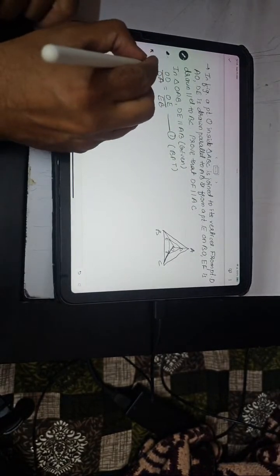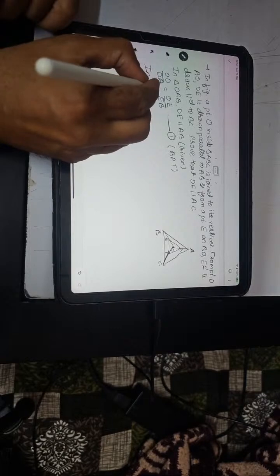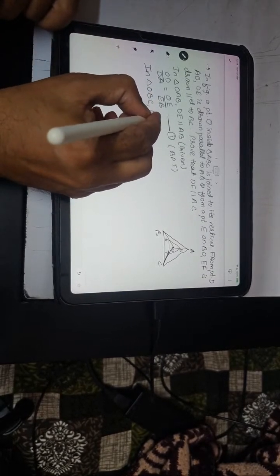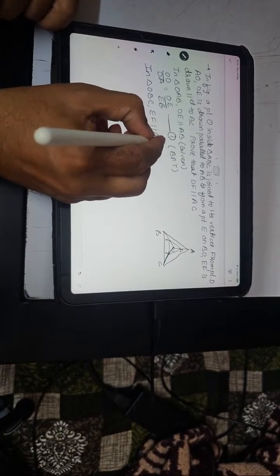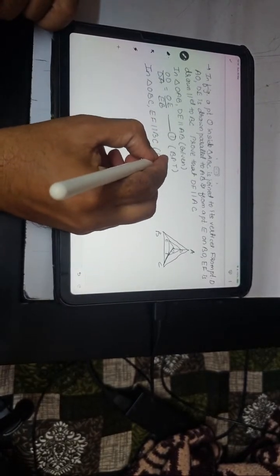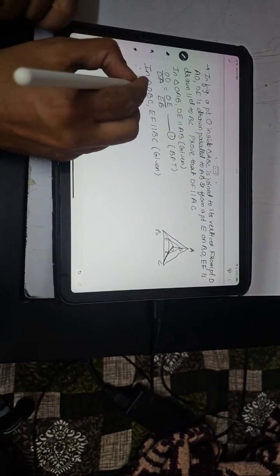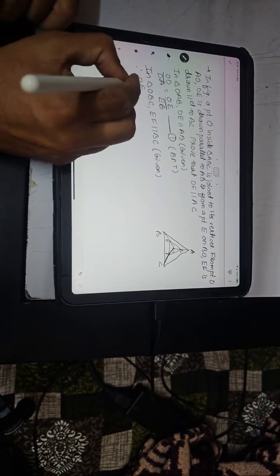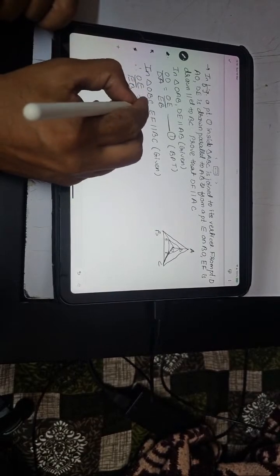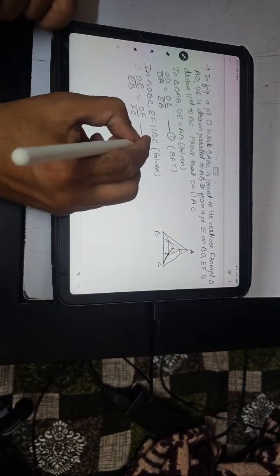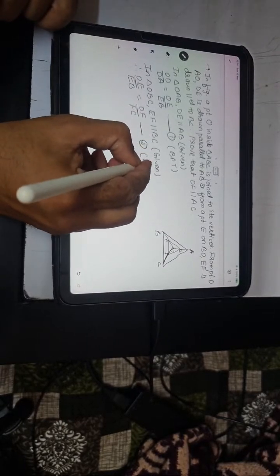Now, in triangle OBC, EF is parallel to BC, that is also given. So, therefore again BPT, so OE upon EB equal to OF upon FC. This is 2 number, again BPT.